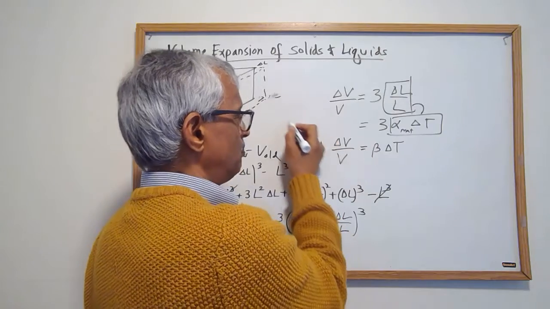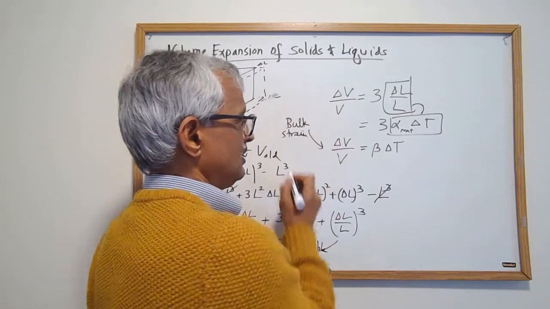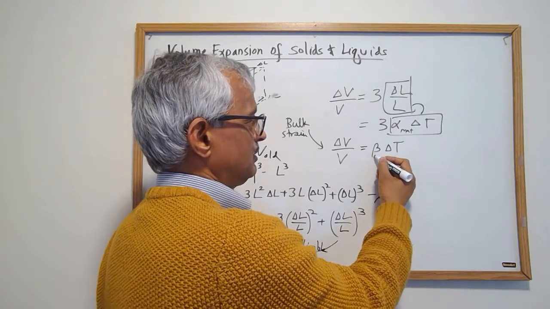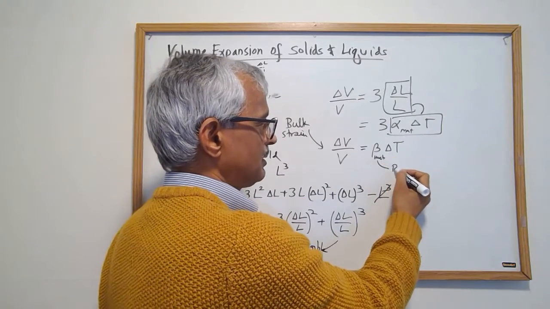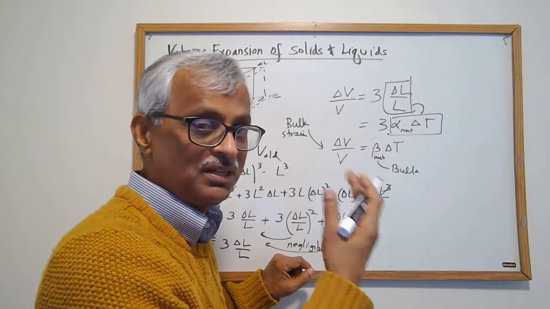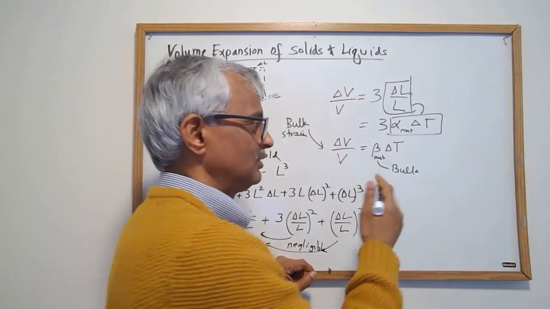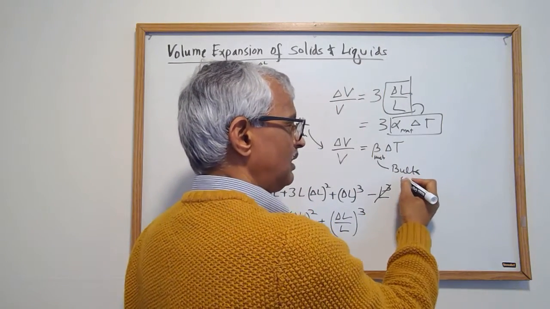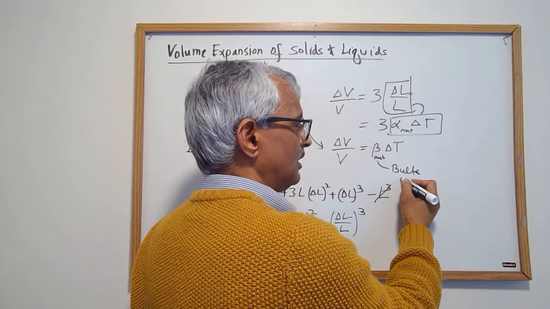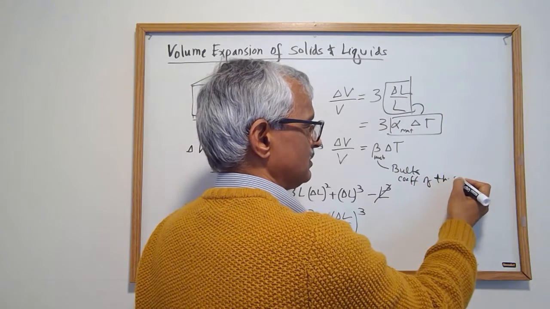So this is also called bulk strain. Then this will depend on material, kind of like a bulk modulus kind of stuff. You might see familiarity with that. This whole idea is developed very similarly to the other idea. So this is the bulk coefficient of thermal expansion.